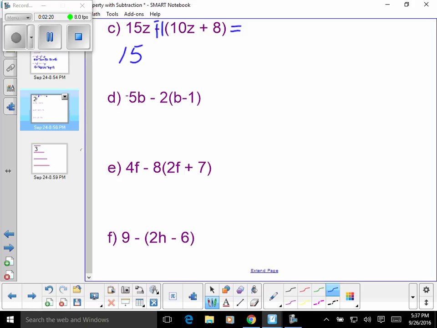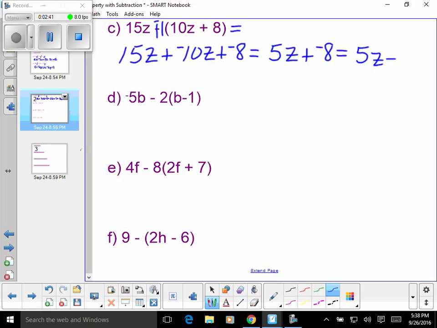So I will have 15z plus negative 10z plus negative 8. That should give me 5z plus negative 8. But remember, we don't usually leave plus negative. So it's going to be 5z minus 8.